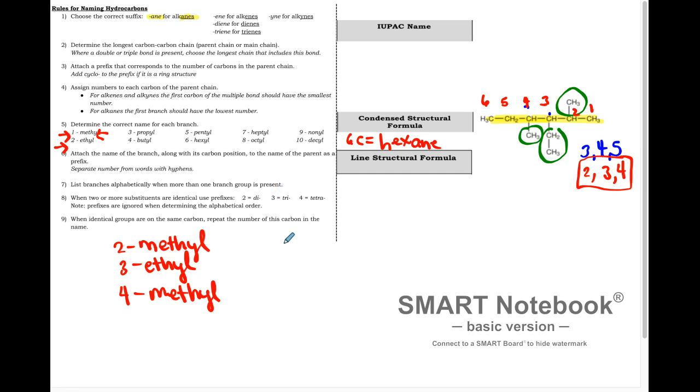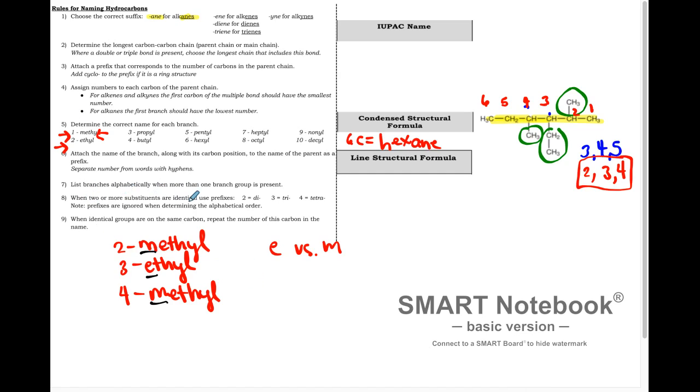So we have E and M. E versus M. We're going to name our ethyl first when it comes to the full, complete IUPAC name of this organic compound. So this is the first substituent, even though it's not at the first carbon position. It's not in numerical order, it's in alphabetical order. So E versus M and M as well.